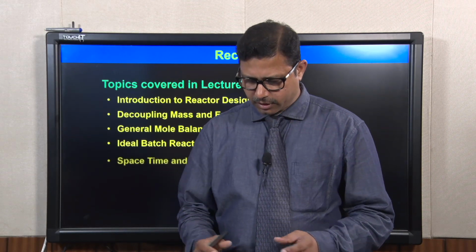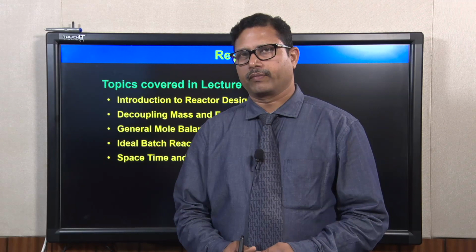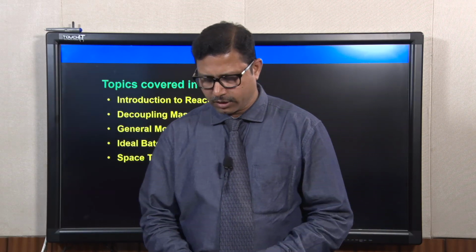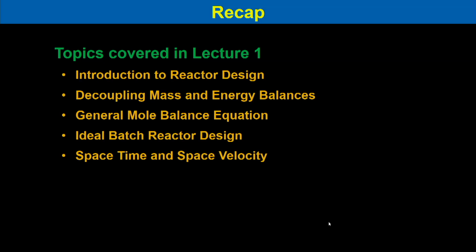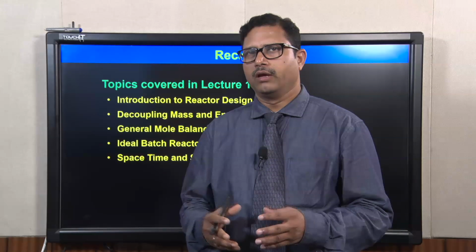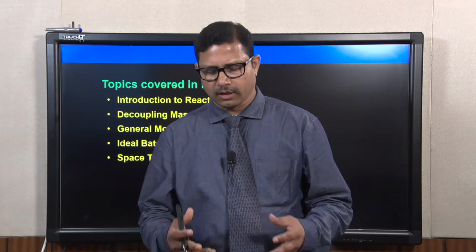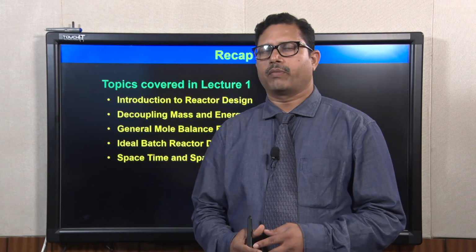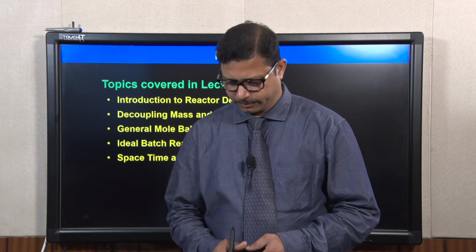So, we also discussed space time and space velocity in lecture 1. Space time and space velocity are natural measures for flow reactors, whereas the time t in a batch reactor is the natural measure for the performance of the batch reactor.